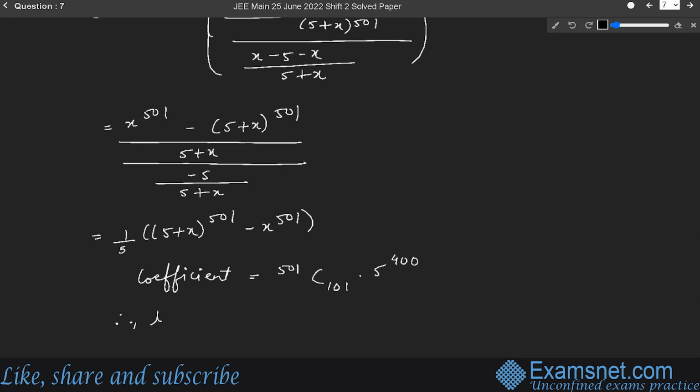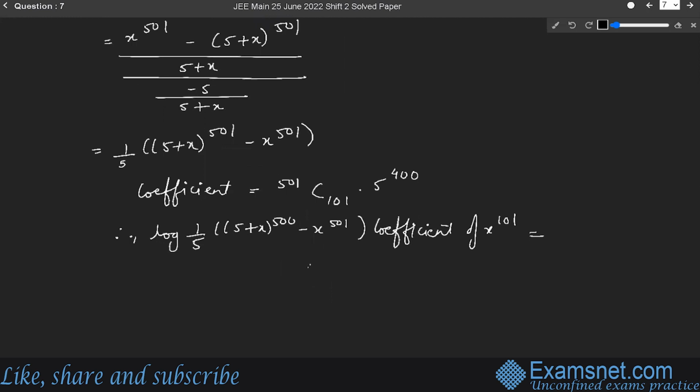Therefore, we can say that 1 by 5 into ((5 plus x) power 501 minus x power 501), the coefficient of x power 101, will be equal to 1 by 5 into 501 C 101 into 5 power 400.